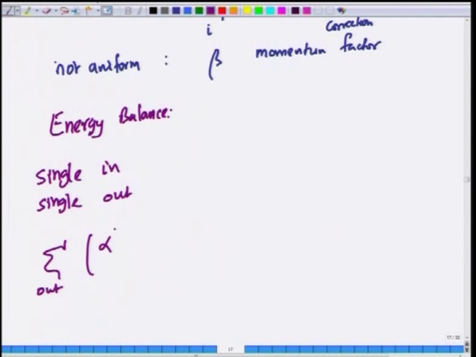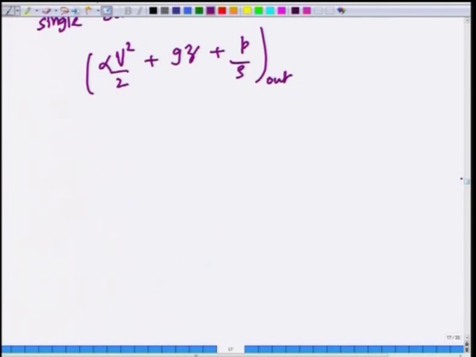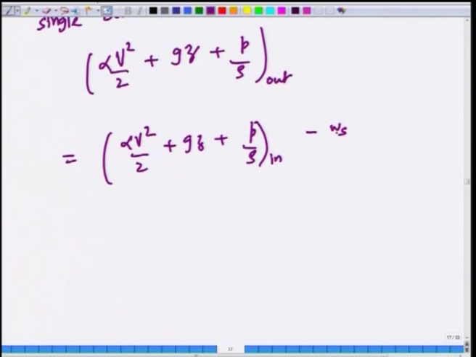Let's keep it to single inlet, single outlet for simplicity: alpha v squared by 2, where alpha is the kinetic energy correction factor that corrects for the deviation of the velocity profile from uniform velocity, out, is equal to the same in inlet, minus the amount of shaft work done by the fluid on the surroundings.